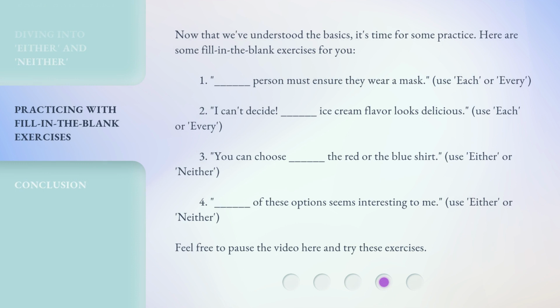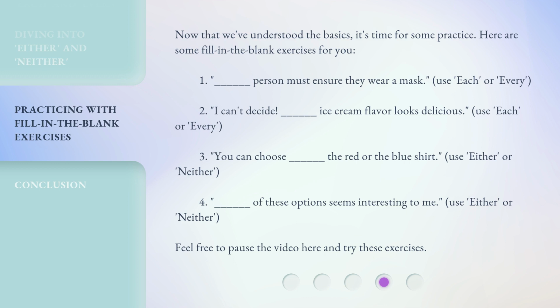Now that we've understood the basics, it's time for some practice. Here are some fill-in-the-blank exercises for you. 1. Blank. Person must ensure they wear a mask. Use each or every. 2. I can't decide. Blank. Ice cream flavor looks delicious.